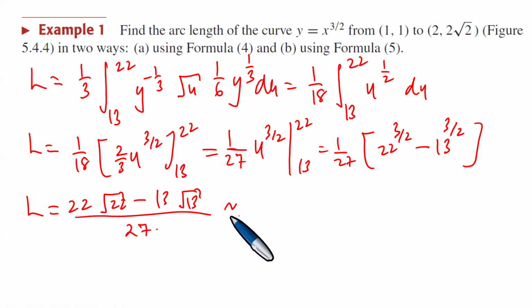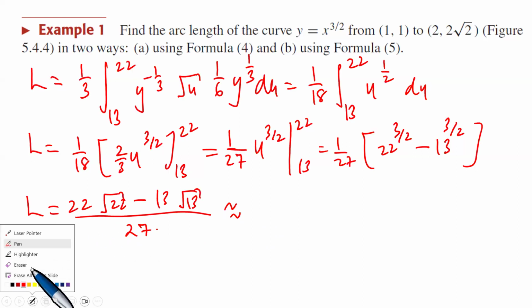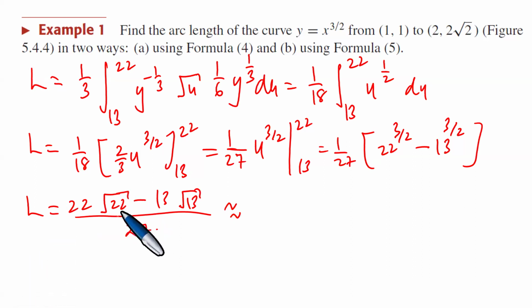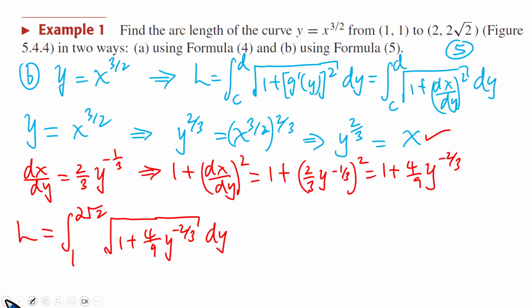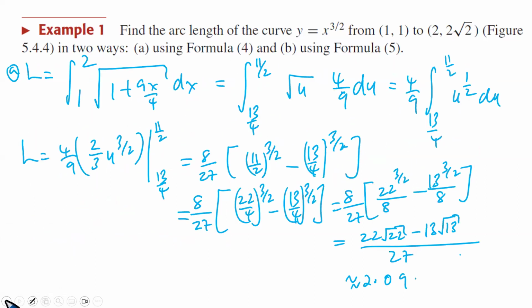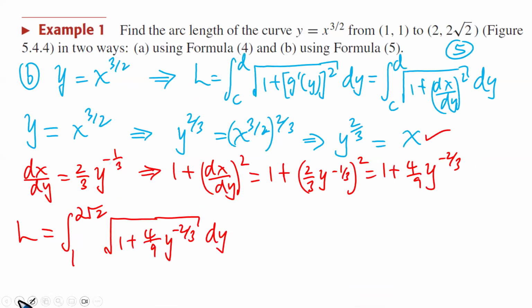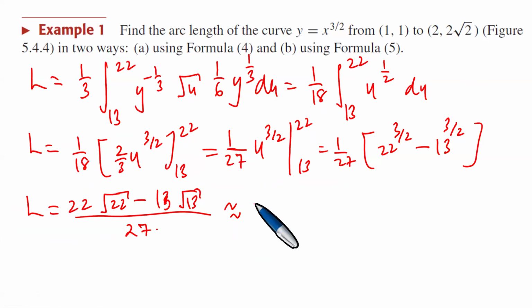This is exactly the same answer, which is approximately 2.09. Right, so now we're good.